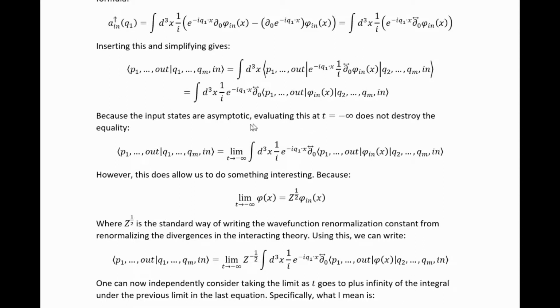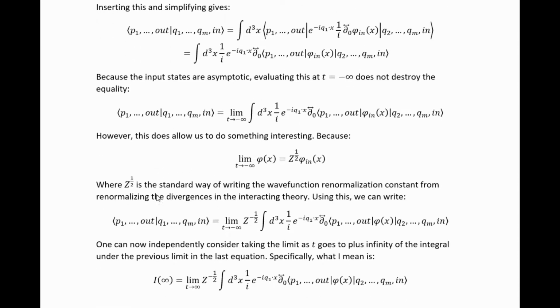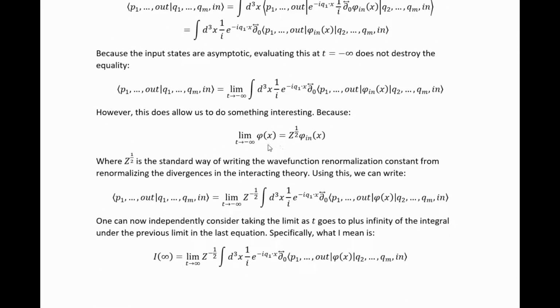Because the input states are asymptotic, evaluating this at t equals minus infinity does not destroy the equality, but it does allow us to do something useful because we have this relation between the interacting field at times where interactions are important and the free asymptotic in field, where Z to the 1/2 is a standard way of writing the wave function renormalization constant for renormalizing the divergences in the interacting theory.